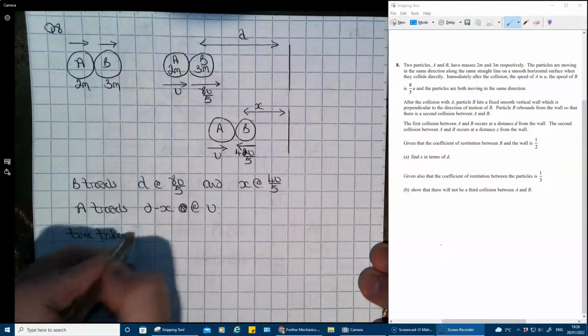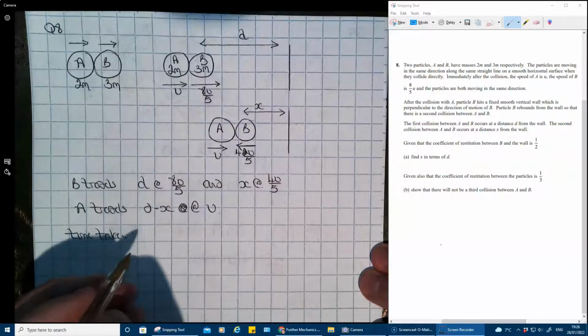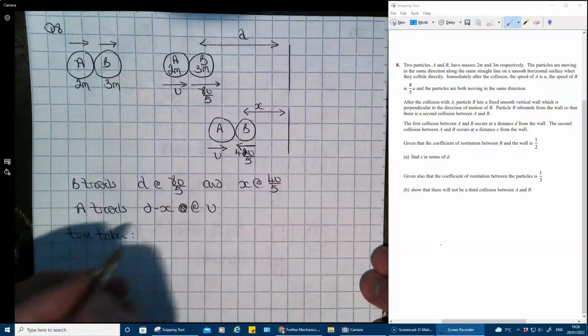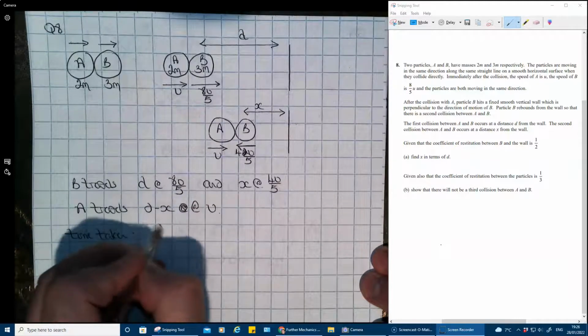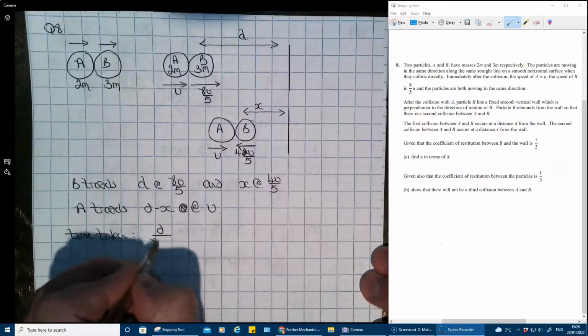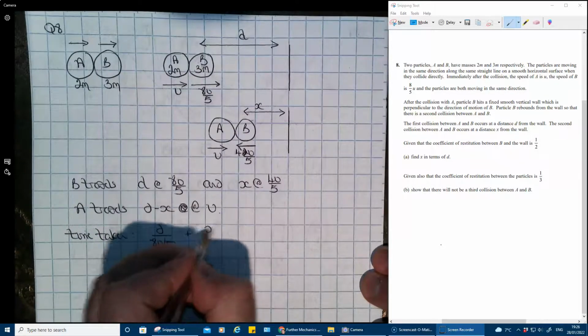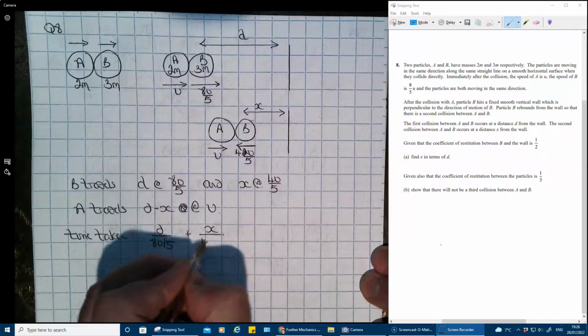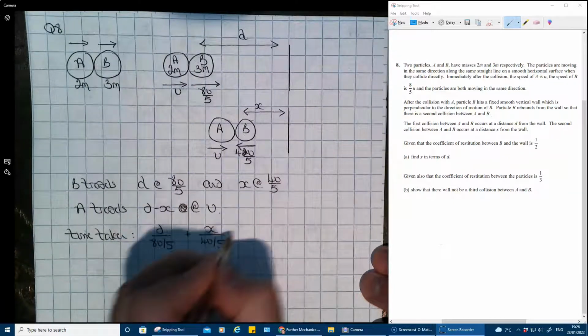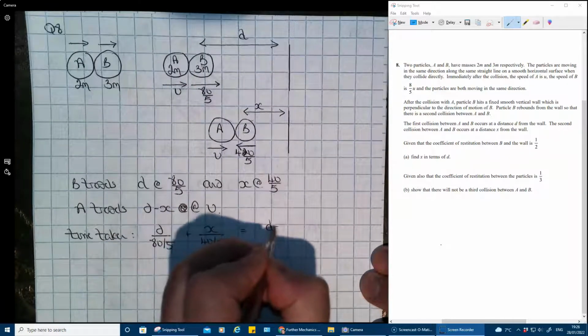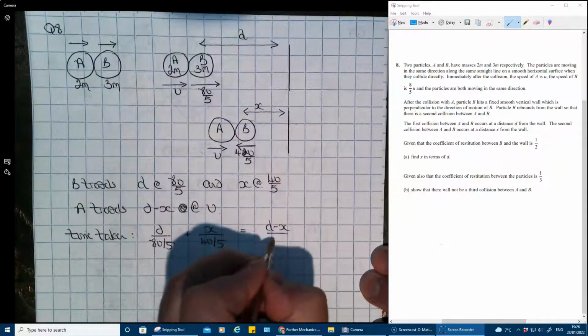So we can say, therefore, we've got distance over speed. So d over 8u over 5 plus x over 4u over 5 must be the same as d minus x over u.